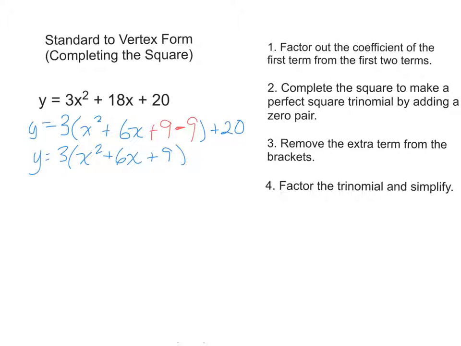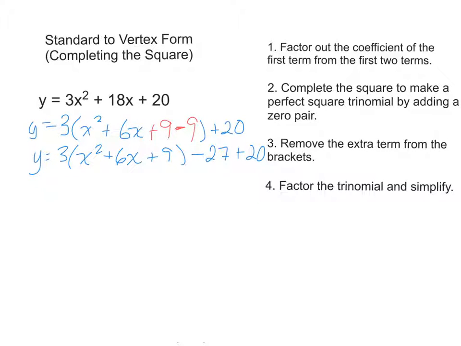That -9 is going to come out, but look what happens to it. It's a -27. So you brought it out and multiplied it by 3, because the 3 in front says multiply everything that's in here. To take that term out, you have to multiply it by the coefficient that's outside the brackets.